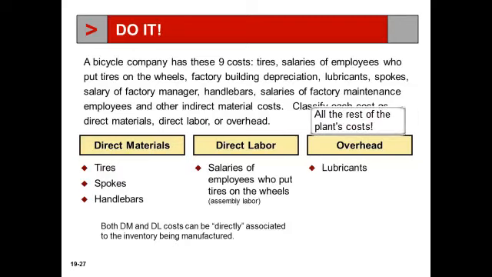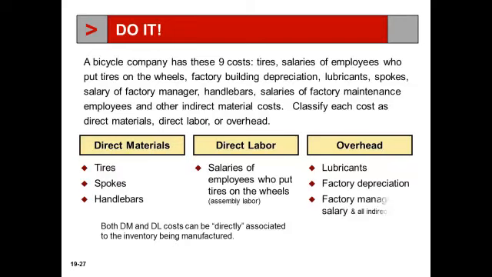Lubricants. They're materials, but they can't be directly associated with the product. You can't look at the bike and say, I see how much lubricants went into that. Factory depreciation: using up of the useful life of long-lived equipment. Factory manager salary and all indirect labor are overhead costs.